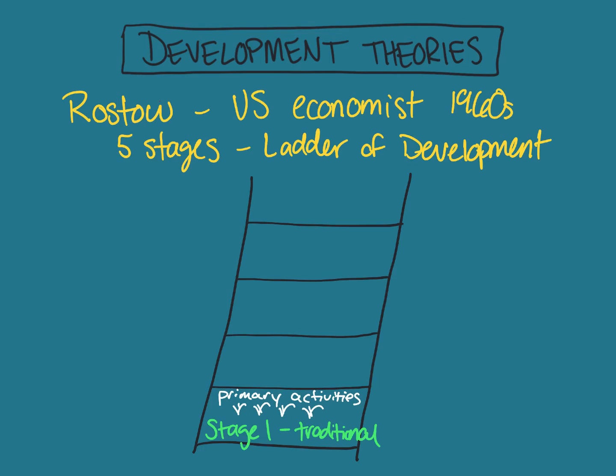Not a whole lot of extra things going on to earn money for a country. They don't have a lot of technology. This is like where the world was before the Industrial Revolution. Everybody was in stage 1 before industrialization. Today, it is important that you know that there is no country in this stage.